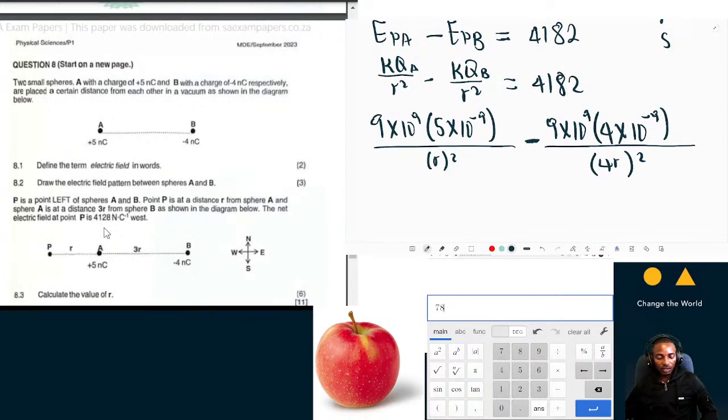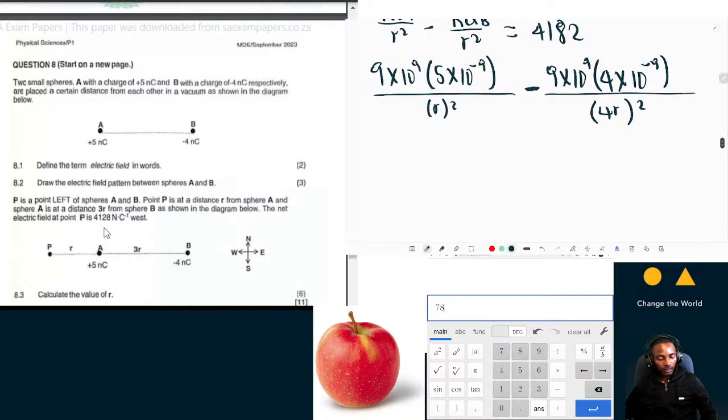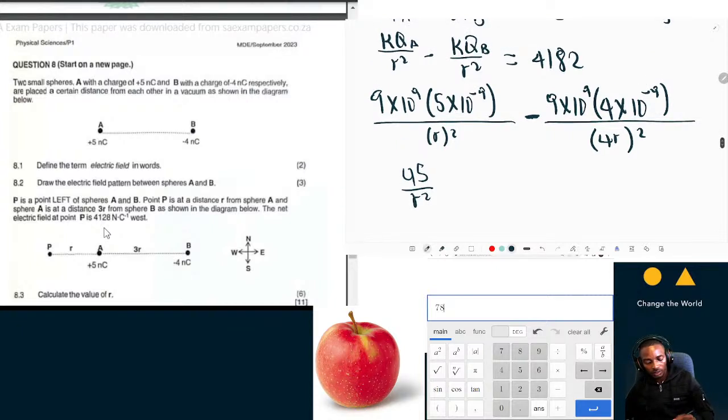Now we need to solve for R. Let's type this in our calculator. 9 times 10 to the power 9 times 5 times 10 to the power minus 9 gives 45 over R squared. Oh, I forgot to put this 4182.